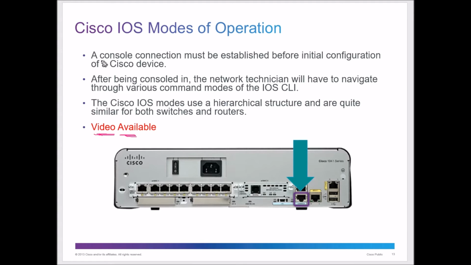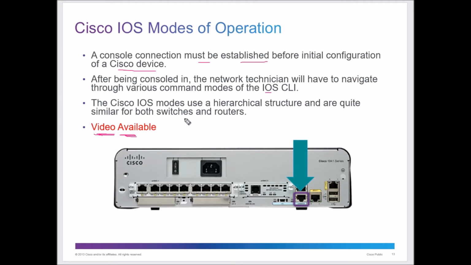Okay, so a console connection must be established before you can do any type of configuration of a Cisco device. You can boot it up all day long, but you cannot see into that operating system until you do some type of console or SSH to get in there. So after you get consoled in, a network technician navigates through different command modes on the IOS through the command line interface.